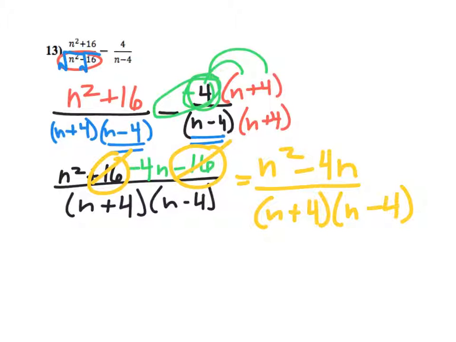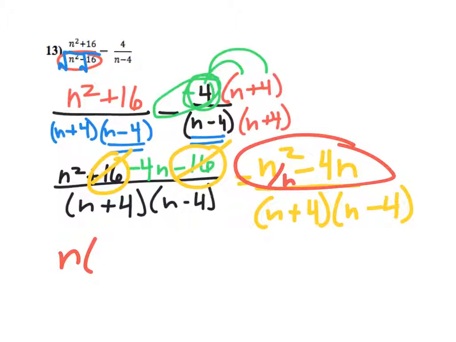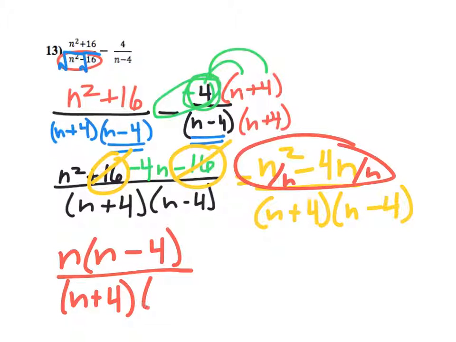I forgot my n. We are going to factor out anything from the top we can. I noticed that they both have an n, so we're going to take out n. Remember, it's just like dividing this by n, dividing this by n. And we're left with n minus 4 over n plus 4 times n minus 4.